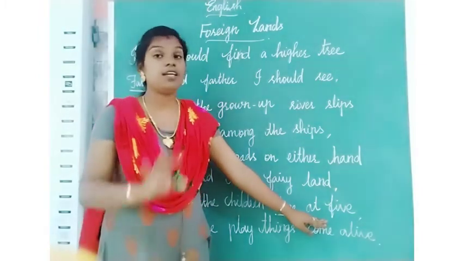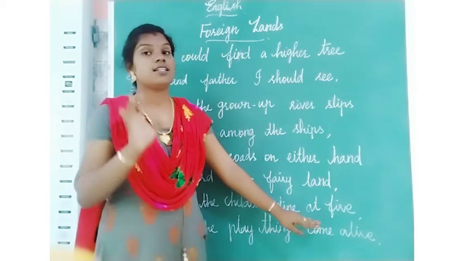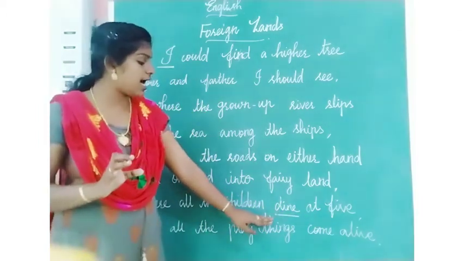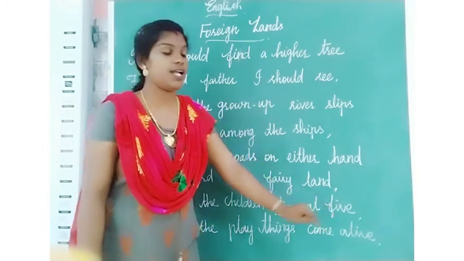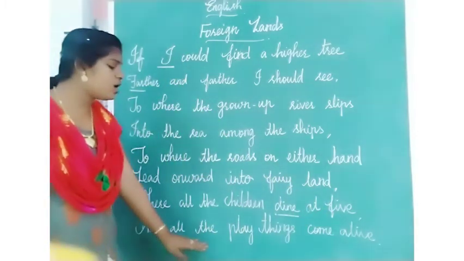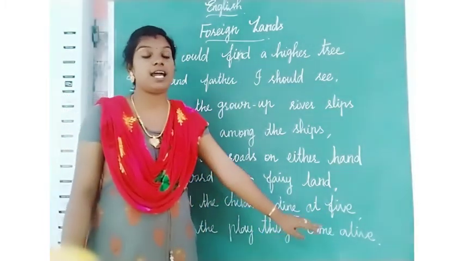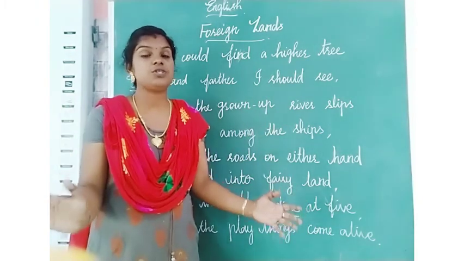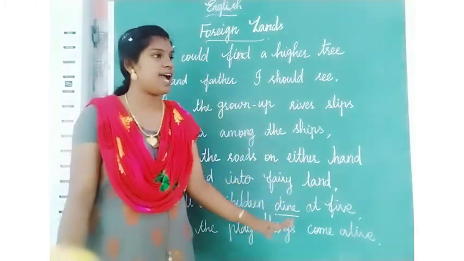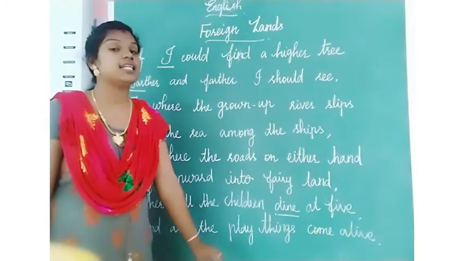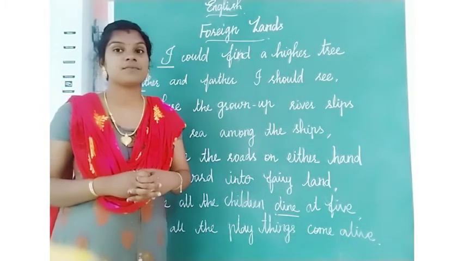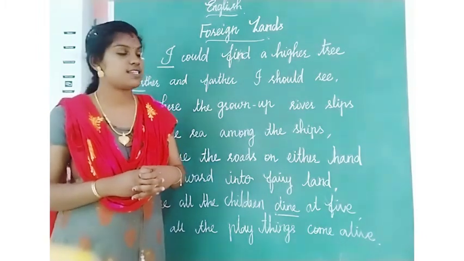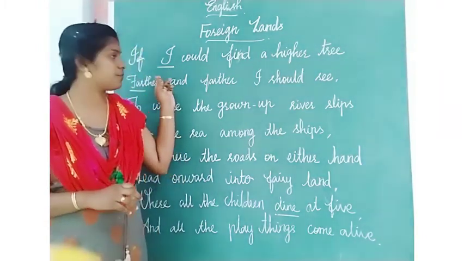But in that imaginative world, the children had their dinner at 5 o'clock. And all the playthings come alive in that fairyland. Did you understand? Have you got it? Yes. Once again, shall we read?